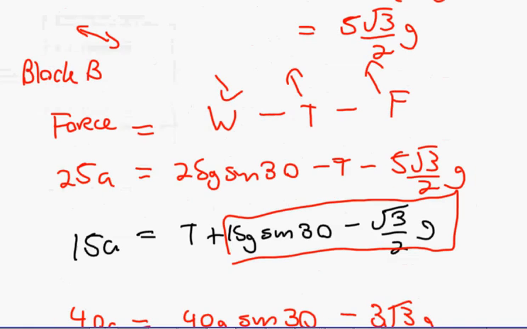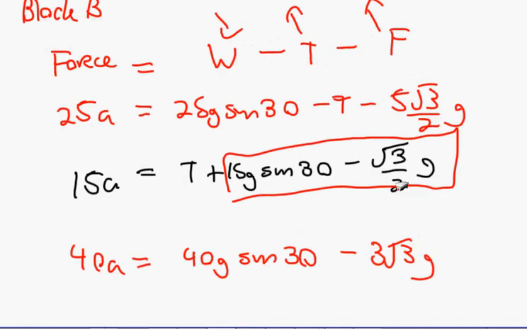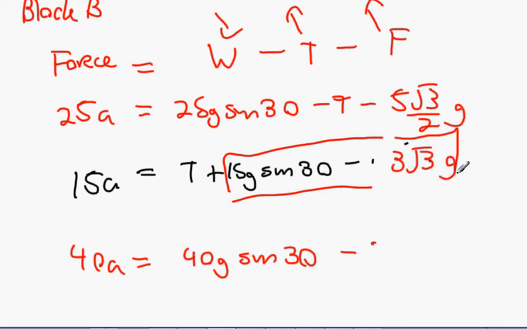The friction value for the 15A equation was not root 3 over 2. It was 3 root 3G. So it's 3 root 3G, and we put that over 2. It would be 6 root 3 over 2G. Added together to get 11 root 3 over 2G.